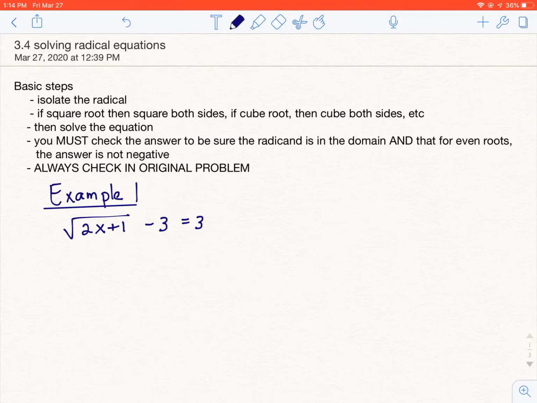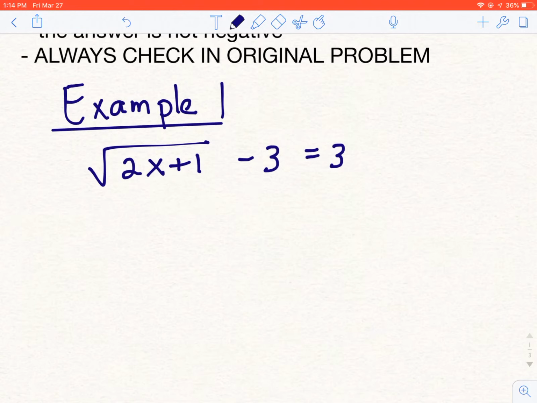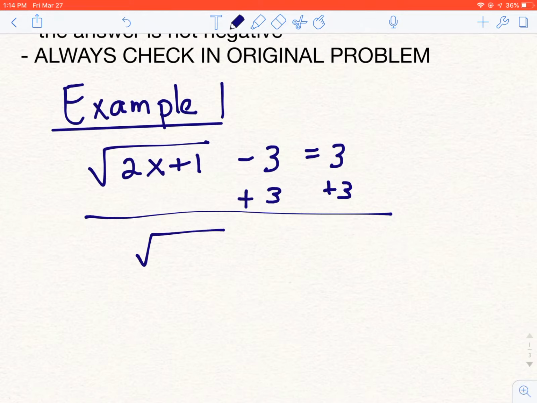All right, example number 1. You need to isolate the radical, so I'm going to add 3 to both sides, and I end up with the square root of 2x plus 1 is equal to 6. And now I'm going to square both sides because it's a square root.